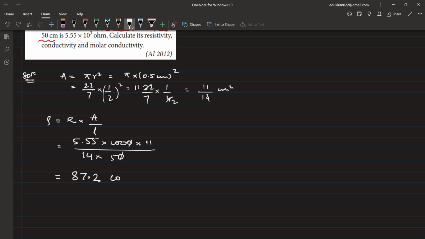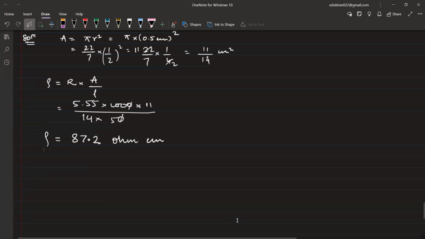This will be ohm centimeter. Resistivity will be ohm. This will be centimeter square. This will be ohm centimeter. Calculate once again. तो help कर रहे हैं आप लोग. Sir, I forgot the 5. I forgot the 5. Okay, okay.